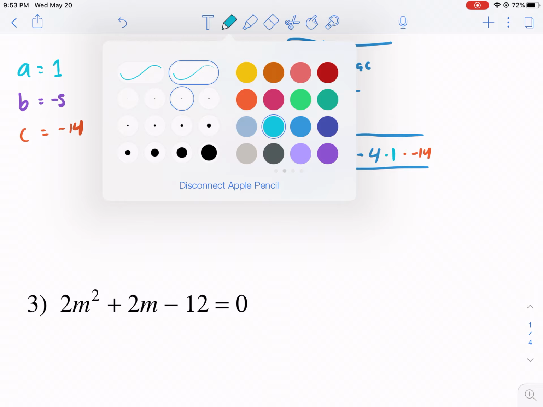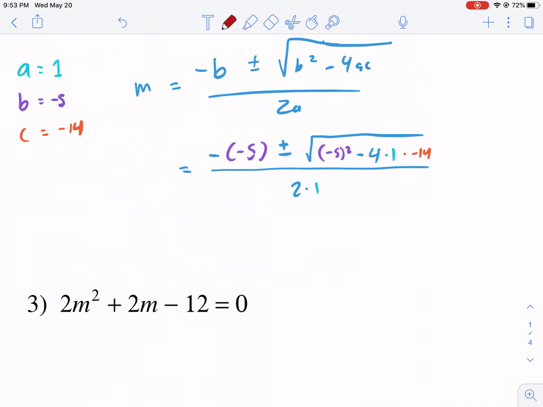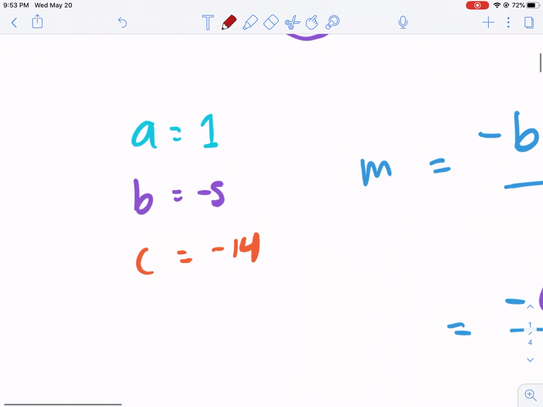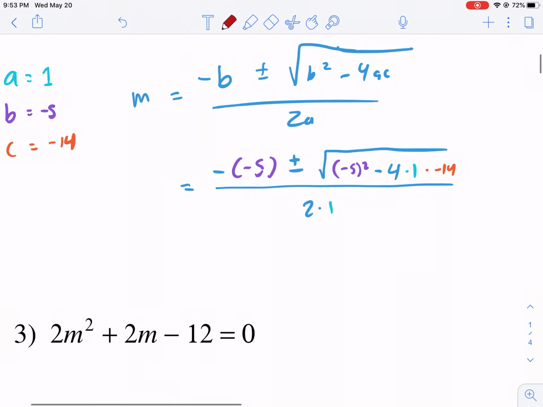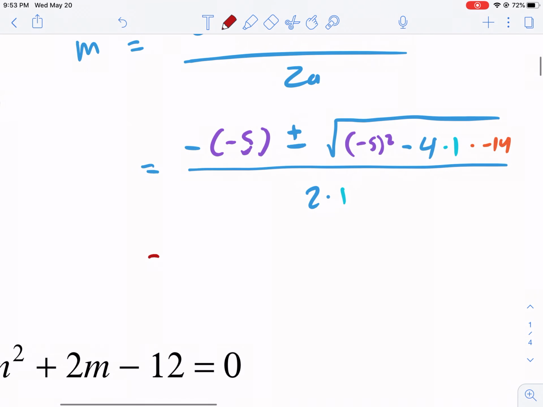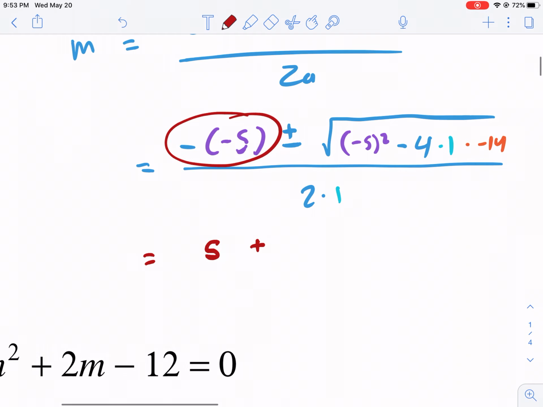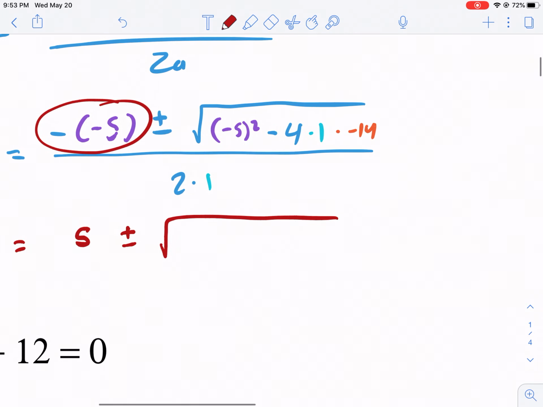It's all a matter of simplifying. Obviously you need to figure out a, b, and c, but it's 99% just making sure you follow the correct operations. So here, the negative of negative 5 is positive 5, plus or minus the square root of negative 5 squared, which is 25, minus 4 times 14. 4 times 14 is 56, but it's minus a negative 56.